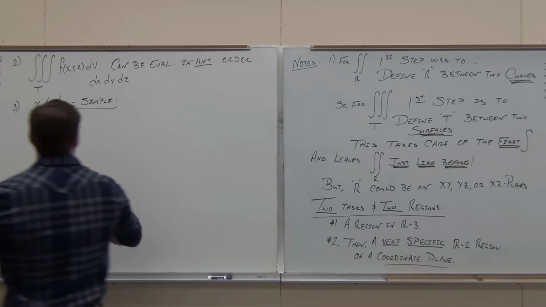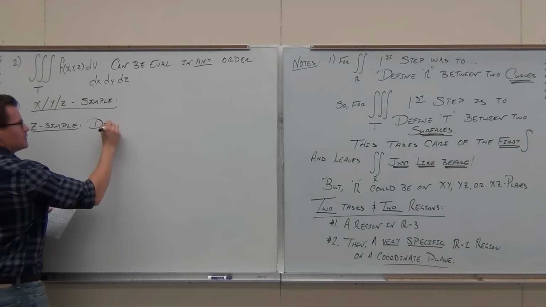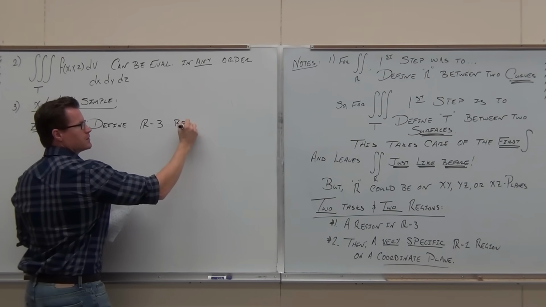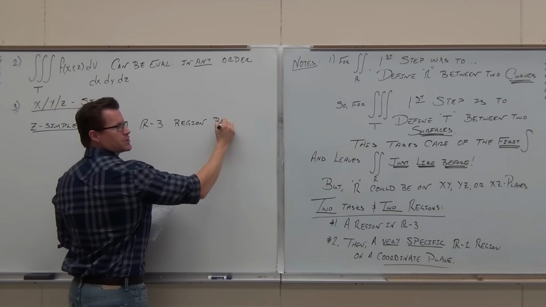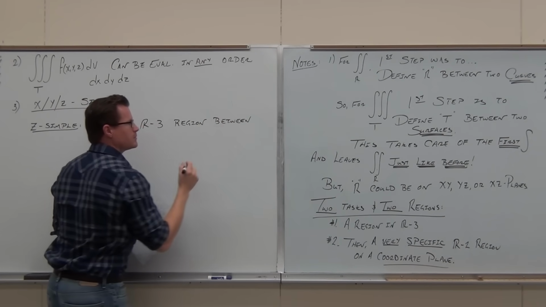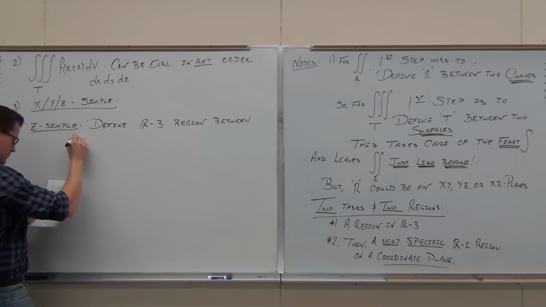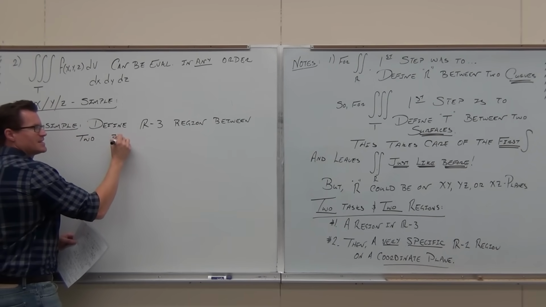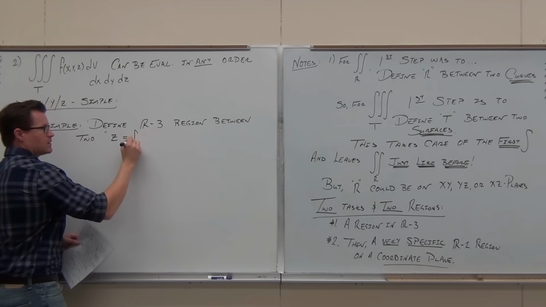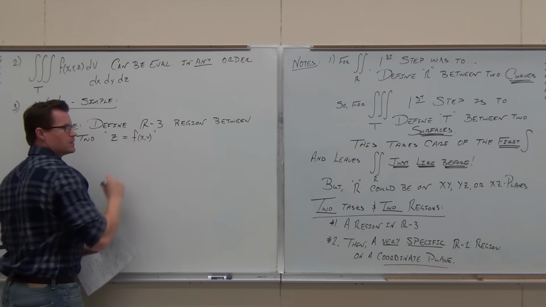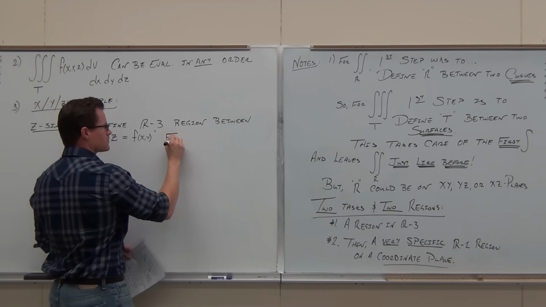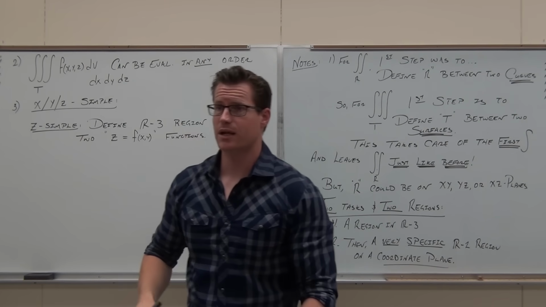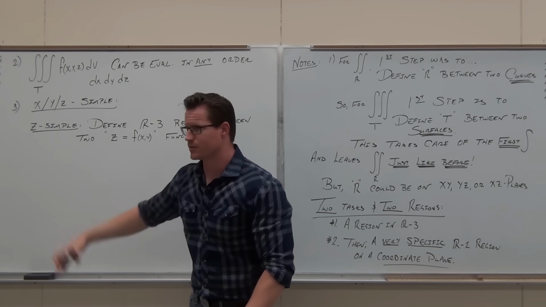So this means that we're going to define our R3 region between two z equals functions. I hope you're taking good notes right now because this is going to be like an outline of how you do stuff, right? From right here, this is where we start.